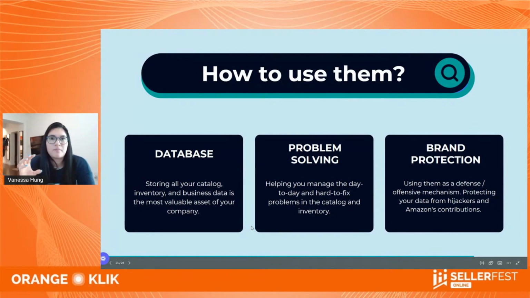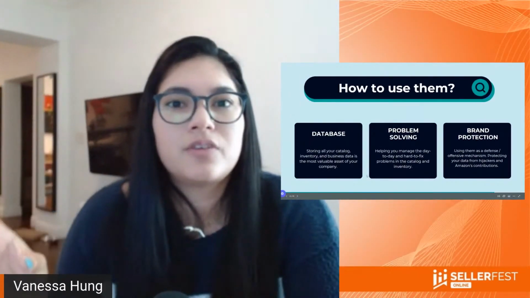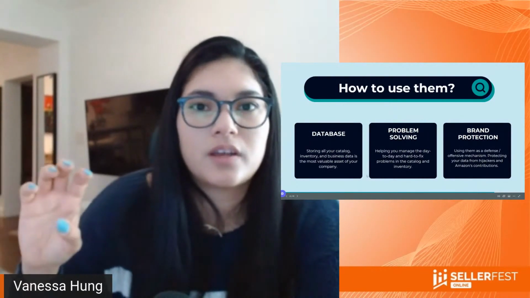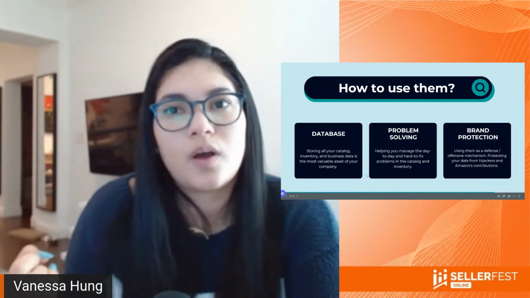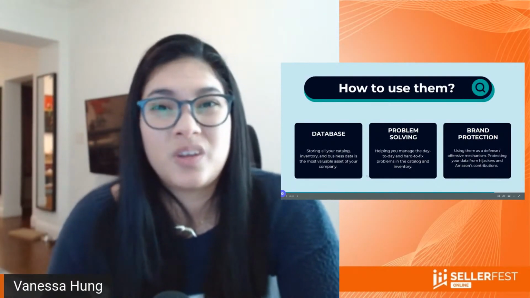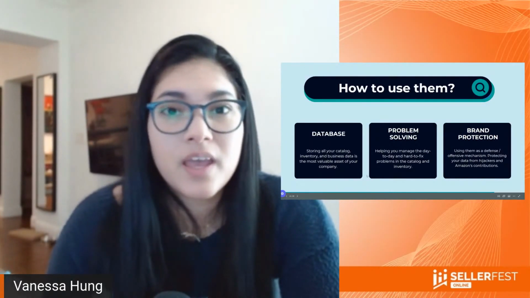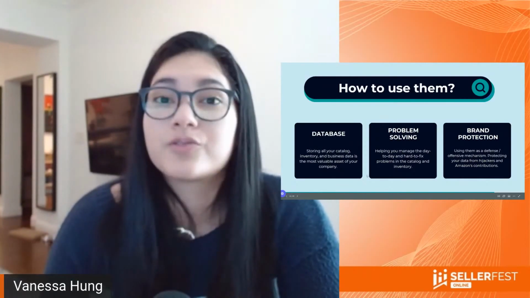Remember that the main thing that this gives you is the bulk feature. You can do many things in bulk, to all your catalog or to just one listing, versus doing it in the Seller Central UI. That takes a lot of time.